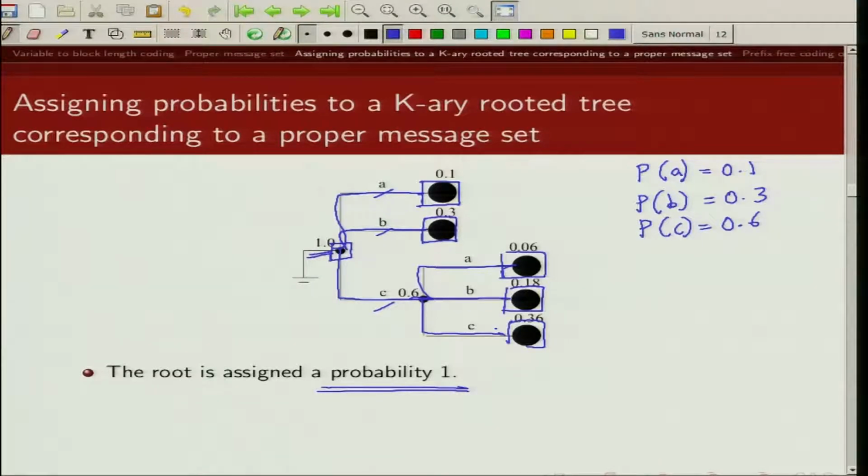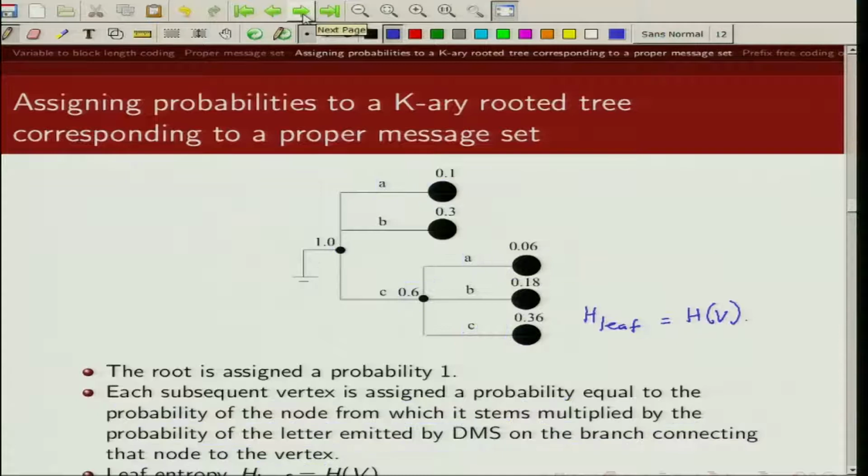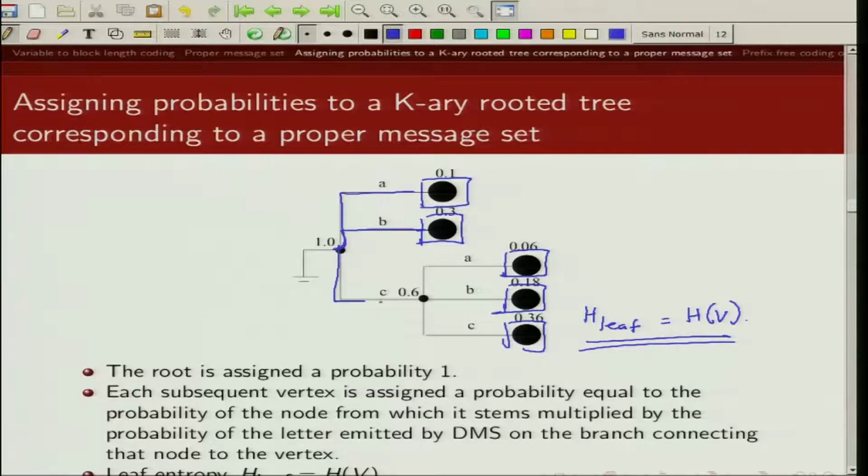So, these are my Vs, right. And so, the leaf entropy, which is the entropy of these leaves, is nothing but the entropy of V, because this is how I am parsing my source. So, this leaf entropy is given by H of V.